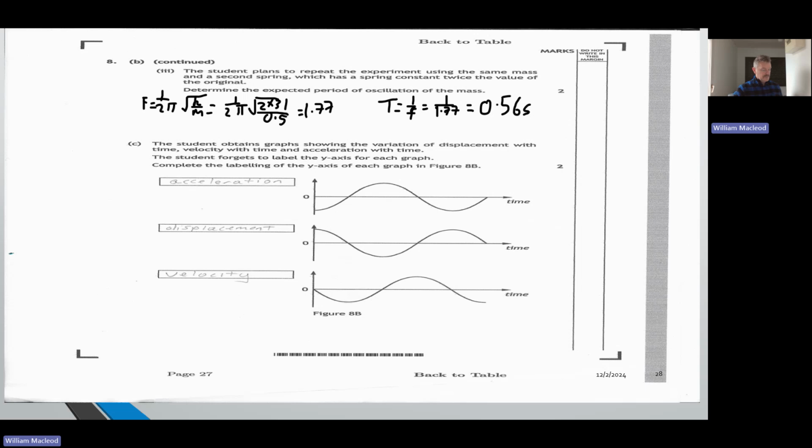So therefore, to determine the period, it's just period is equal to 1 over frequency. You do 1 over 1.77 and you end up getting 0.56 seconds.